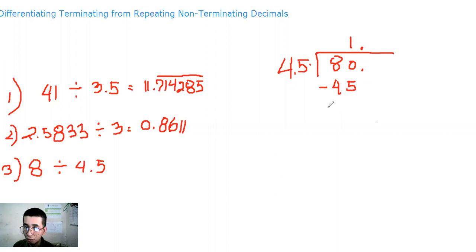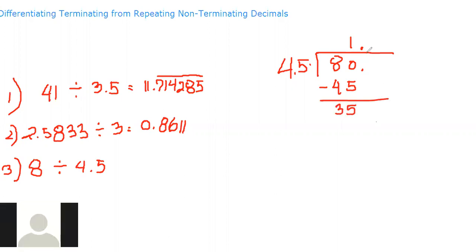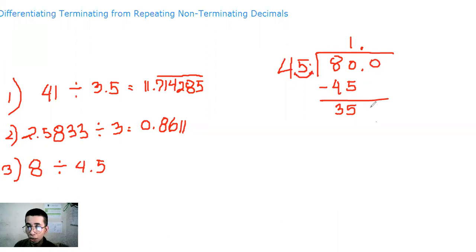That is 35. 35, diba? Since hindi natin pwede divide si 45, si 35 kay 45, so magdadagdag tayo ng 0. So, add 0, so we have now 350. 350 divided by 45, what is 350 divided by 45?